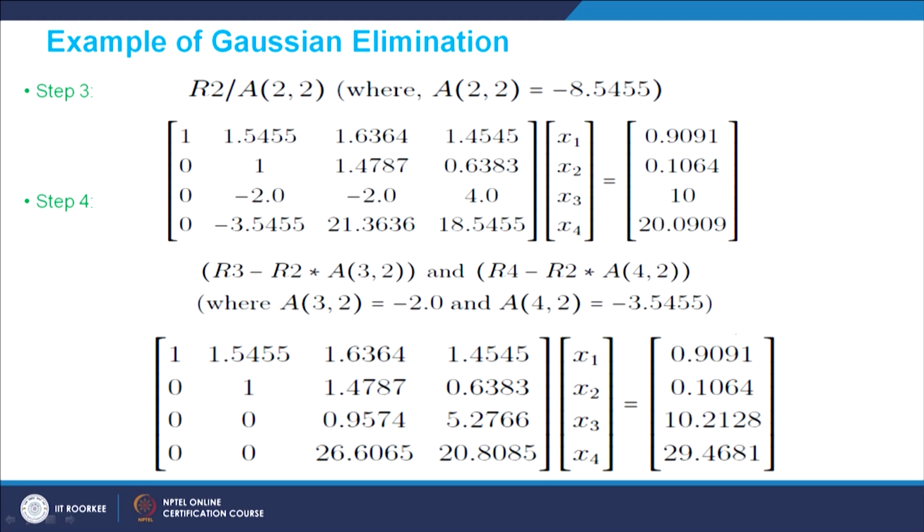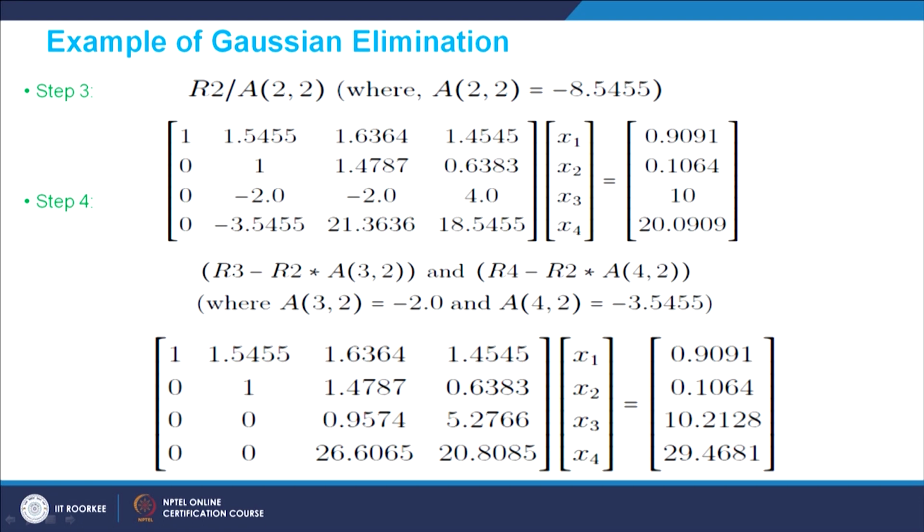Then in step 4, we multiply this row by minus 2 and then subtract the product from this row. So this becomes 0, and this element changes, and this element also changes.